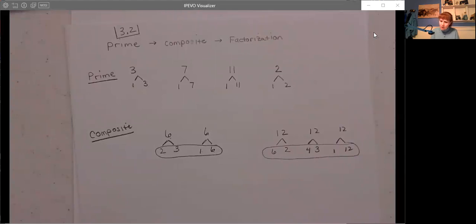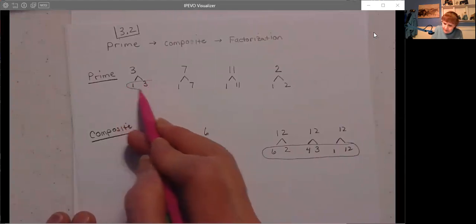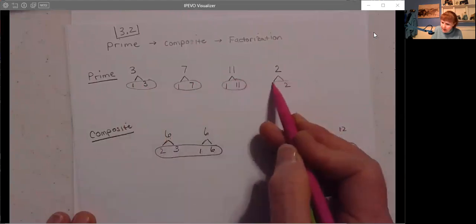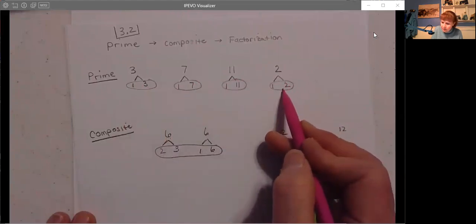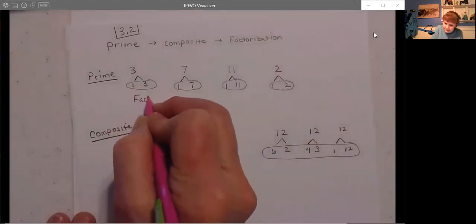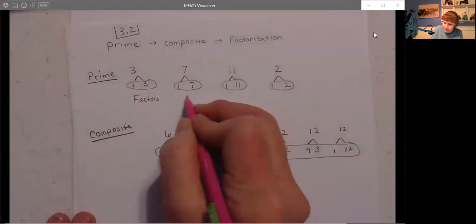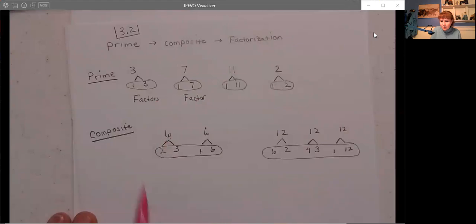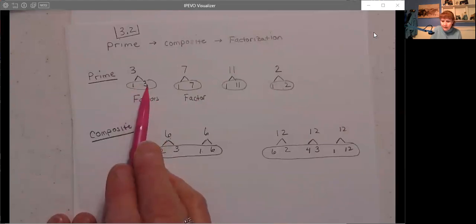All right, so these numbers are called factors. And factors, when you multiply them, give you the product. So these are factors. All of these are the factors. If it's prime, the only factors you're going to have are 1 and the number itself.